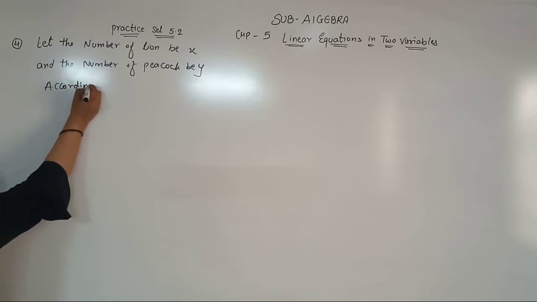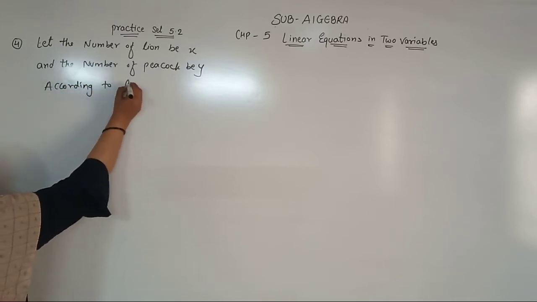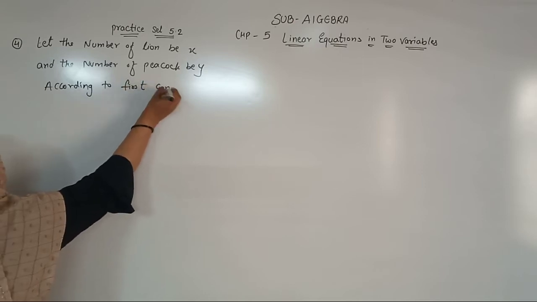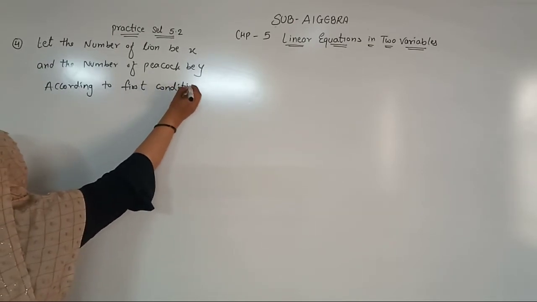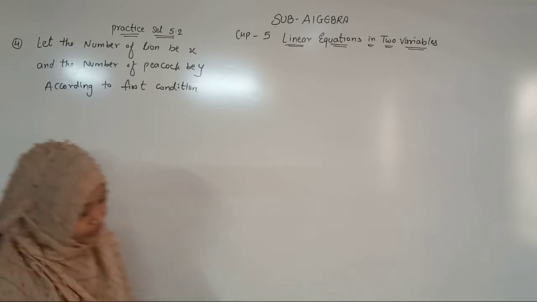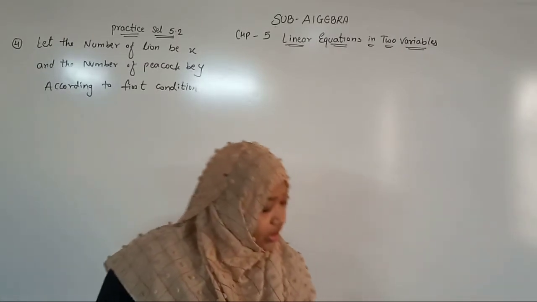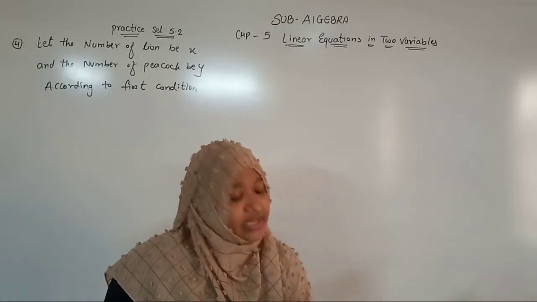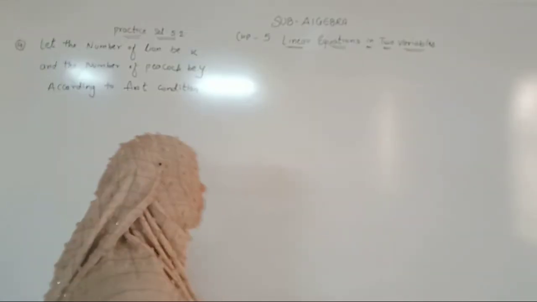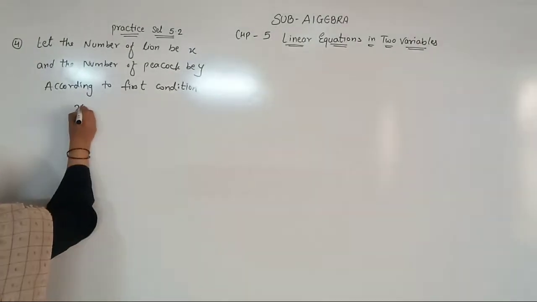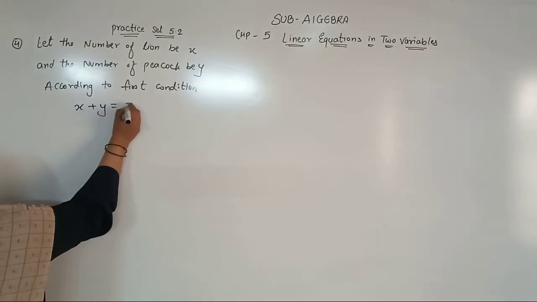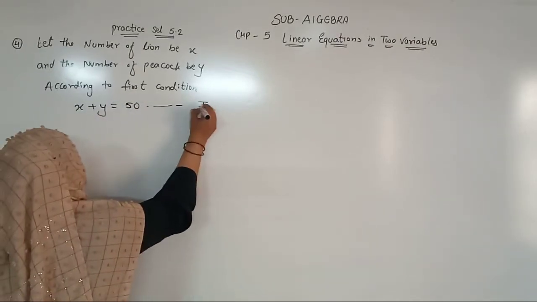According to the condition, we always have to make the equation. Done? So what is that? In a zoo we have peacocks and lions, that is 50. So X plus Y equals 50. That is my first equation.